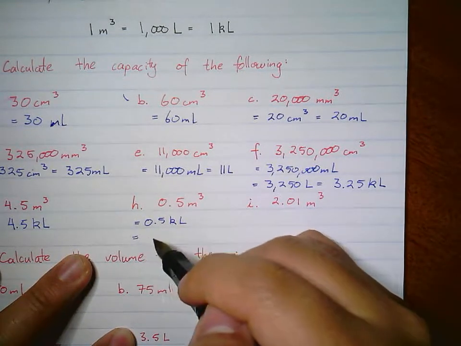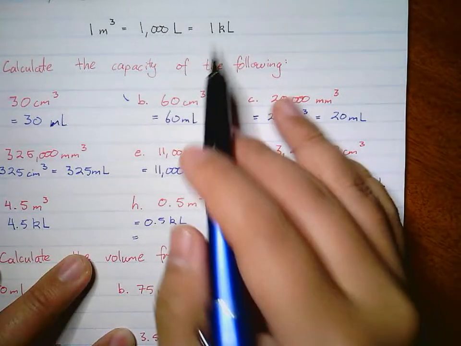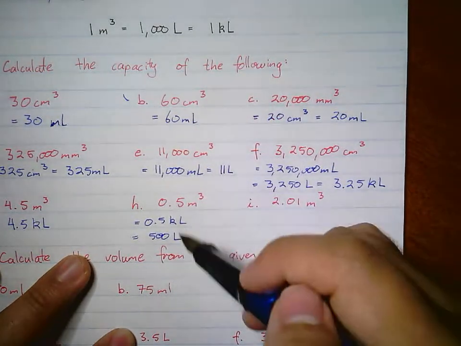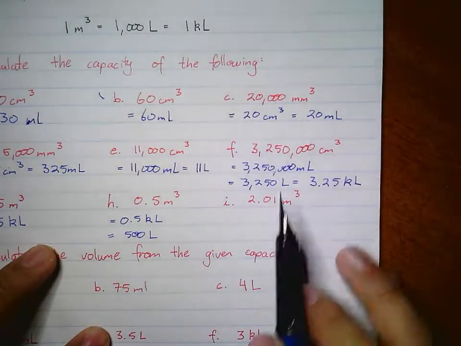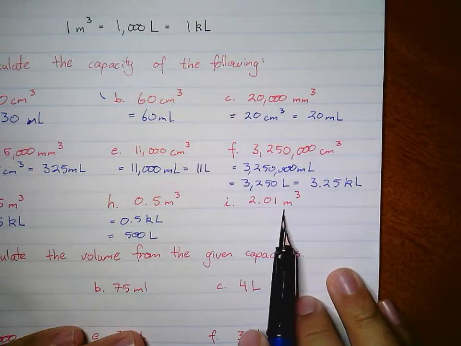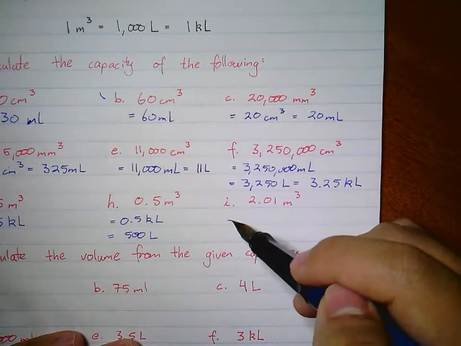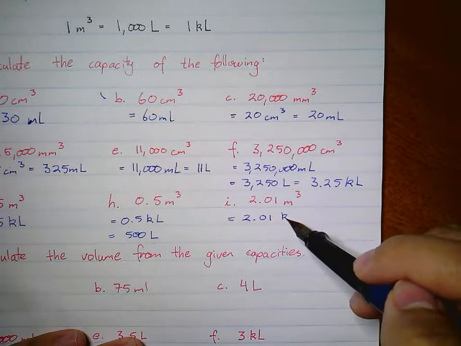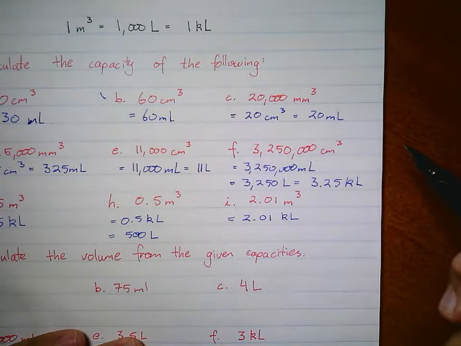And if we wanted to, we could convert this into 500 liters. And finally, 2.01 meter cubed is 2.01 kiloliters.